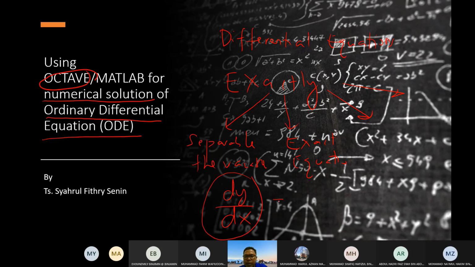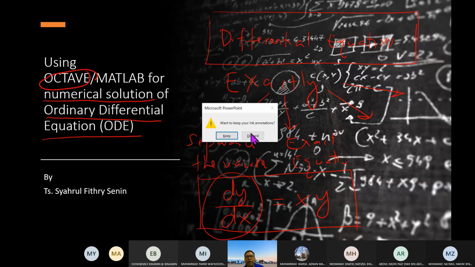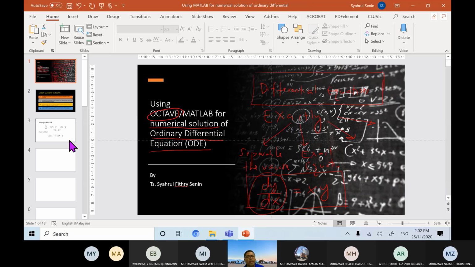Using what you learn from your mathematics lecturer, we will try to get the solution of this.